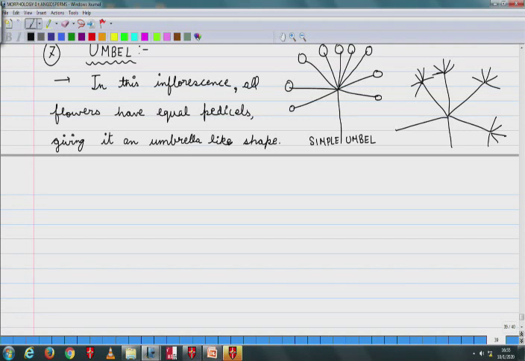Now imagine if something like this happens. This is compound umbel. This is also not very accurate because it will look like umbel only. This is compound umbel.